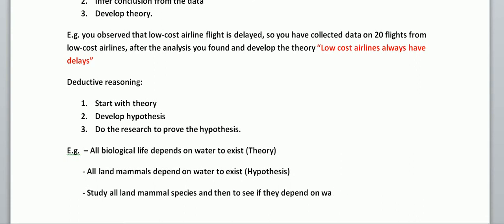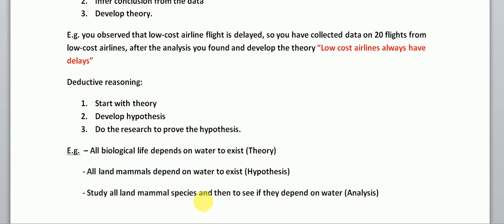So this is analysis, and once again, look, we start with the theory, and on the basis of this theory we develop a hypothesis. And now we try to prove this hypothesis. Study all land mammal species.